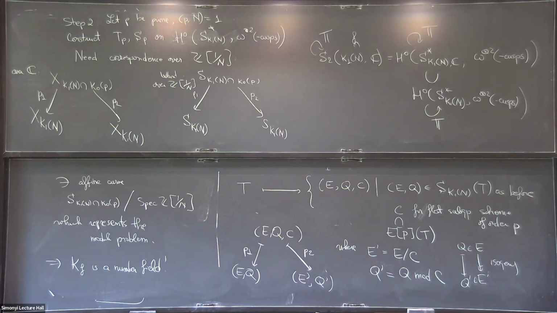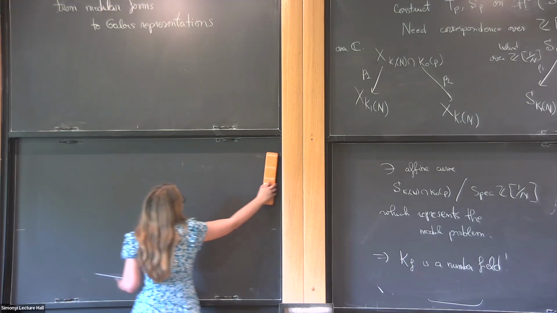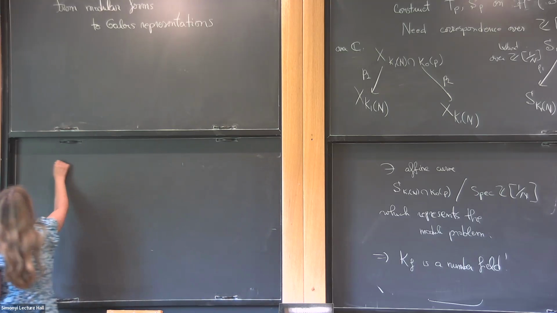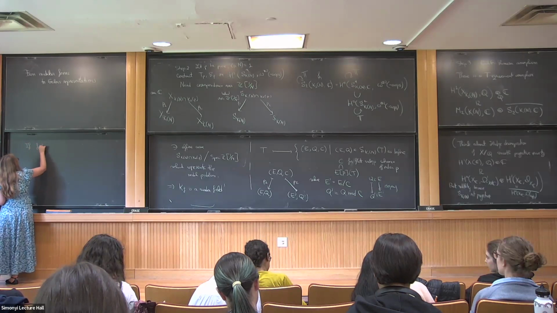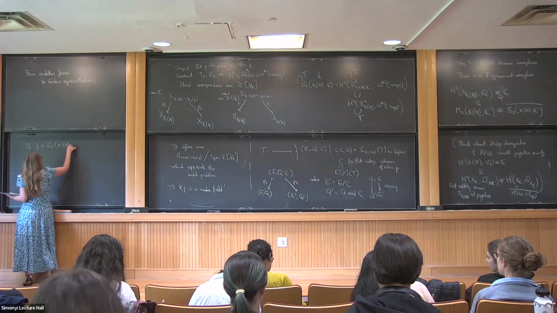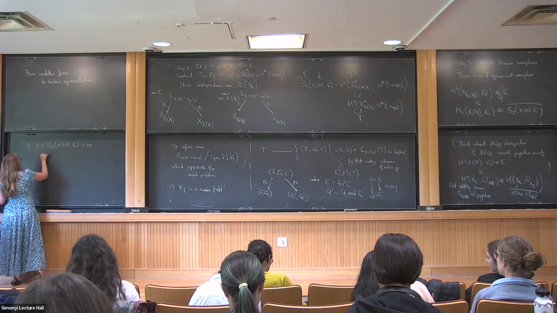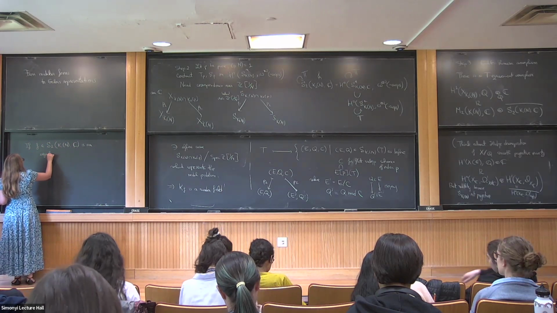So if F in here is an eigenform, then it determines a system of Hecke eigenvalues.